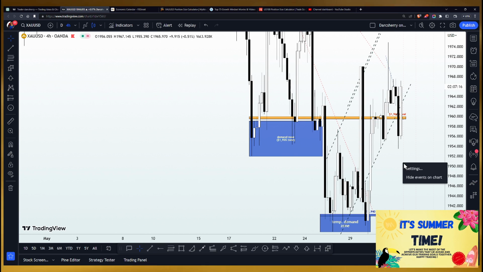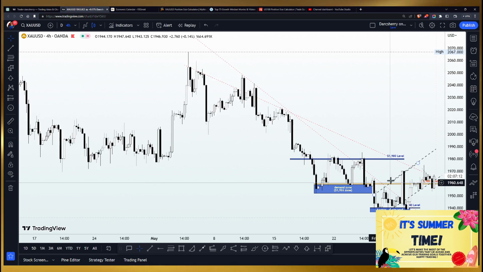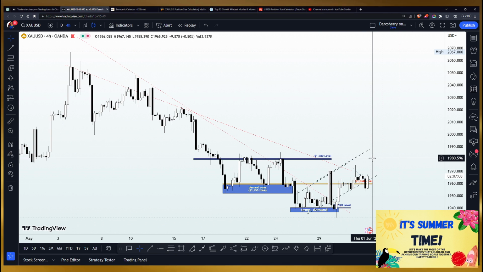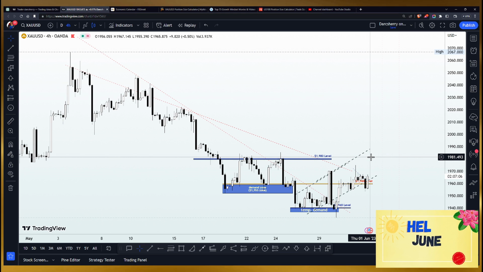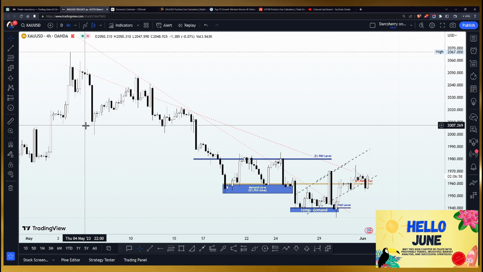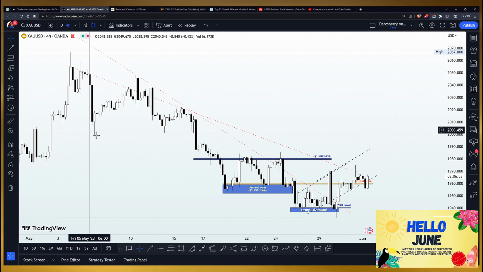Let's have a holistic view of what is going on in the market and how we got to the point of buying the XAUUSD. So right here on the 4 hours time frame, the first thing we acknowledge was the fact that price action has been bearish. And as you can see, since the beginning of this month, we have witnessed lower highs in this market and lower lows, of course.